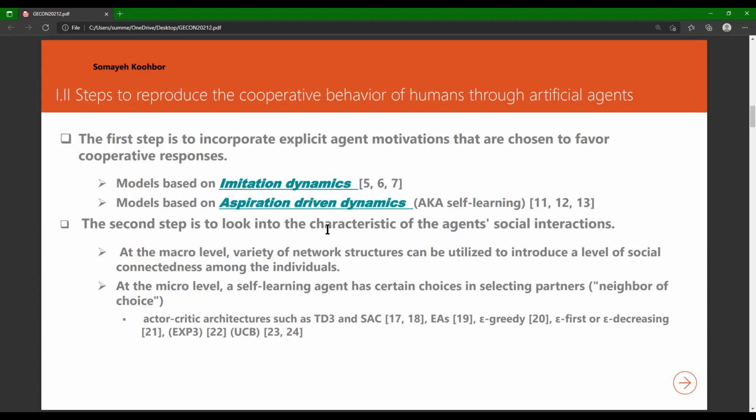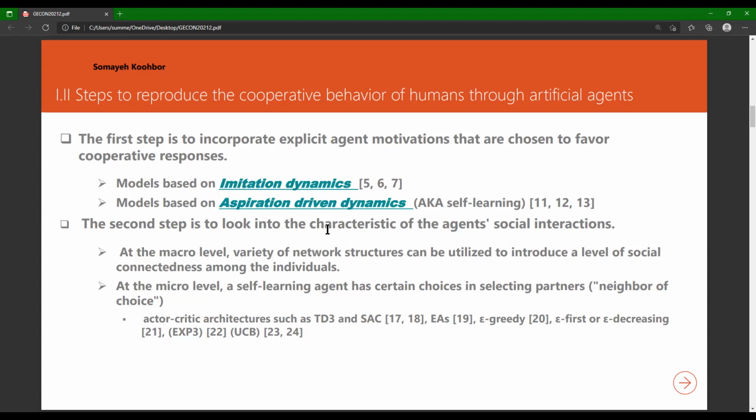The first area tries to design some explicit agent motivation into the model. A group of researchers usually shows interest in imitation dynamics, and other groups show interest in aspiration-driven dynamics.